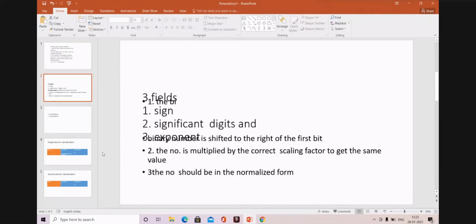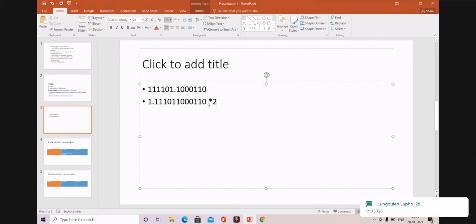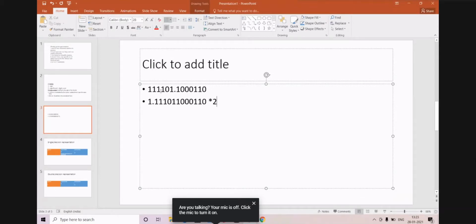This is a binary number, so we multiply by 2, and you see here how many points we have shifted: 1, 2, 3, 4, 5. So to bring this point to here, we have shifted 5 positions.